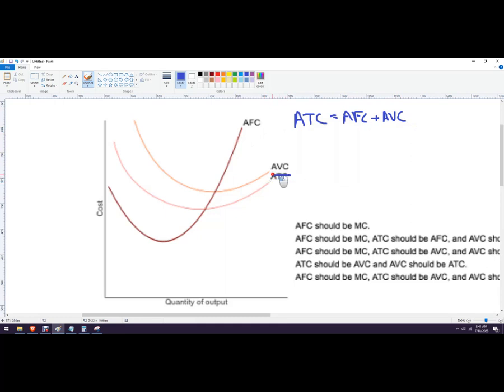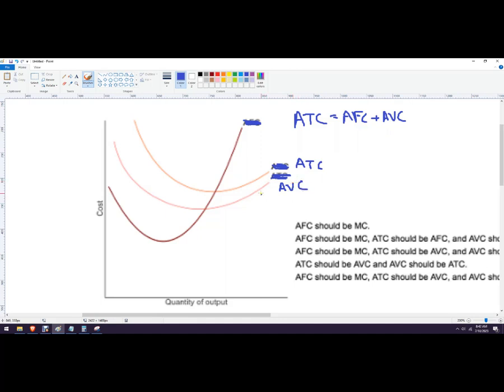So this can't be average total cost, and this can't be average fixed cost, and then this can't be average variable cost. We call them cost curves. So the curve on the top, curving like this, is average total cost, and the one just below that is the average variable cost.